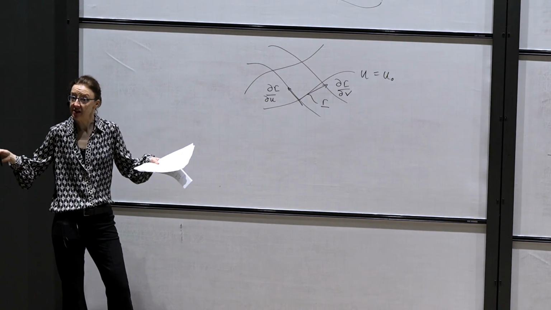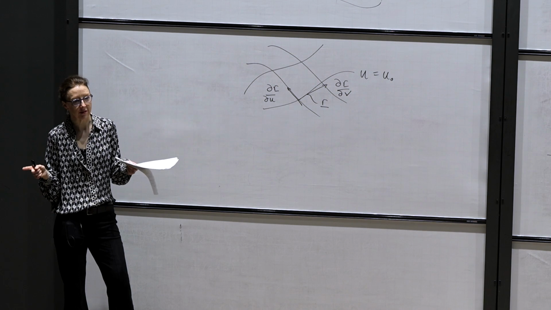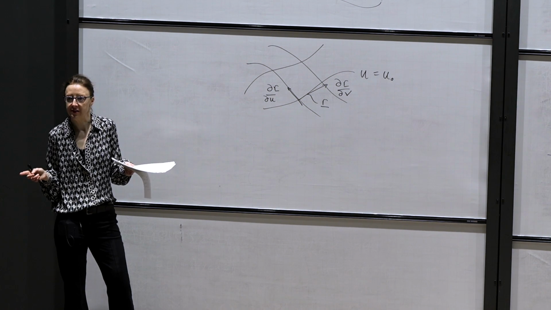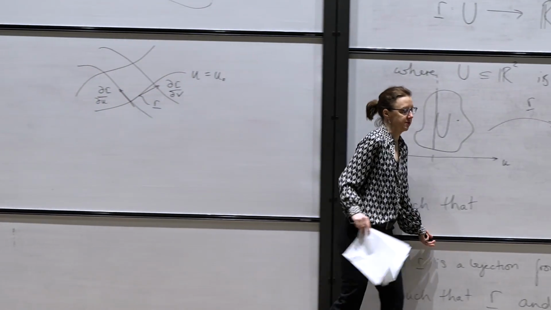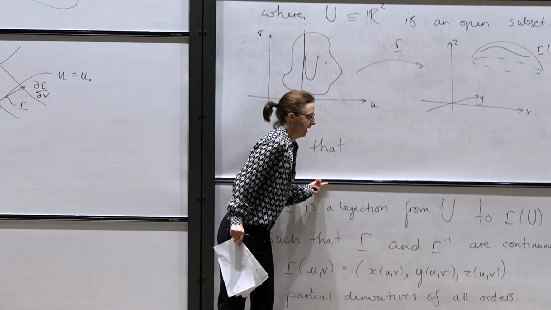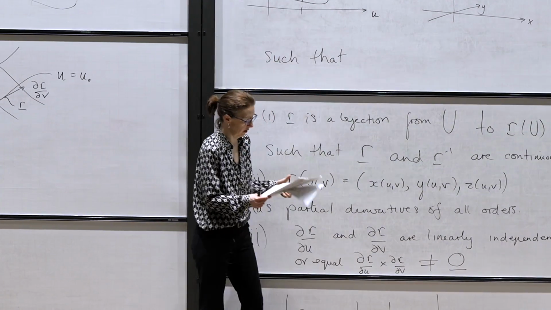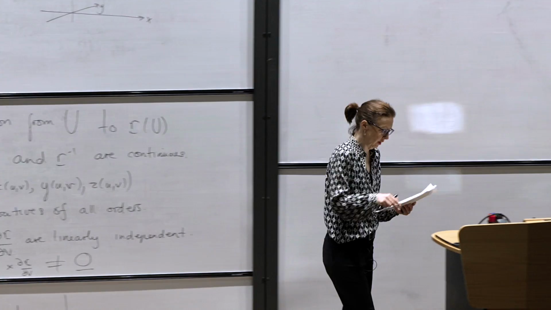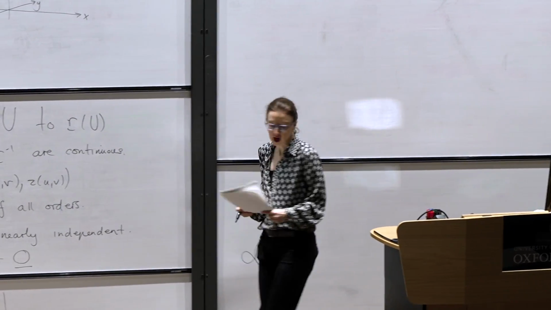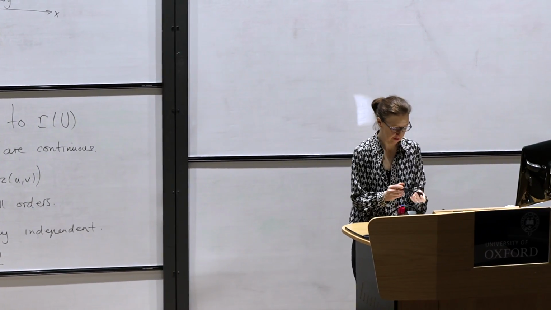And if you want to span the surface, they have to be independent. If they're aligned, you're not going to be able to write down a surface. So that's what that property is telling you, that you can span the surface with this map. Okay, so there's our properties. And now we want to define what it is to do this surface integral.